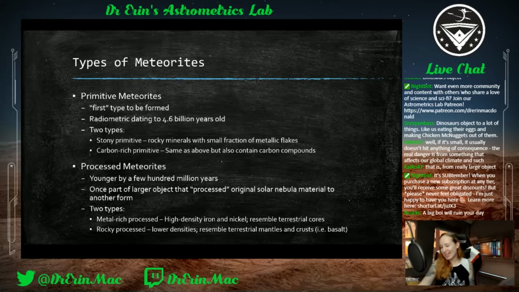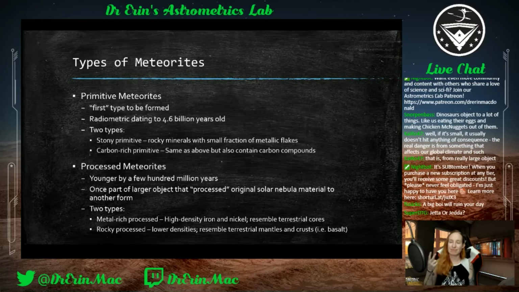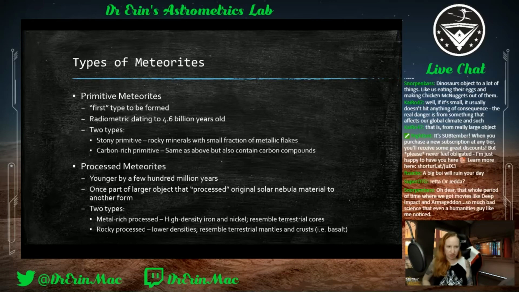All right. So the two types of meteorites that we found, we categorize into primitive meteorites and processed meteorites. What we're referring to with that nomenclature is essentially relative to the age of the solar system. Jetta, thank you. So primitive means it's 4.6 billion years old. It condensed along with everything else in our solar system.